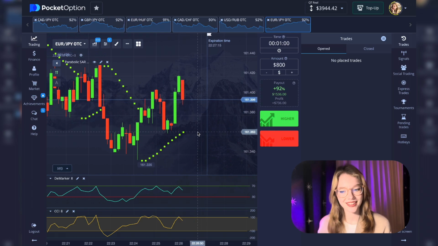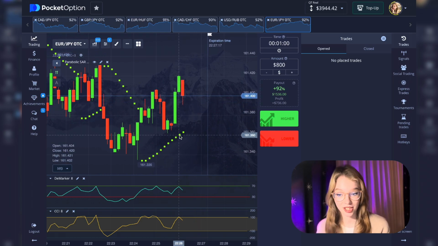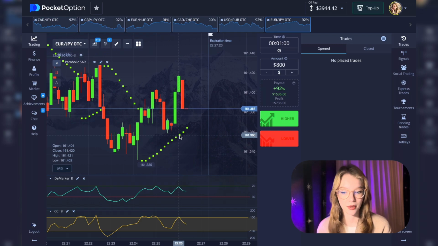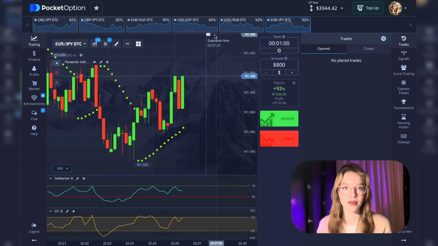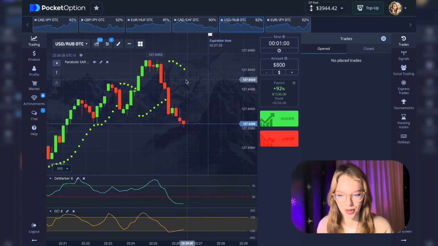We were very lucky that the chart had jumped at the very last moment, which allowed us to get our profit. And we got more than $700 in 1 minute. I really like this strategy, but now the chart made me nervous. But it happens, so let's keep trading on.